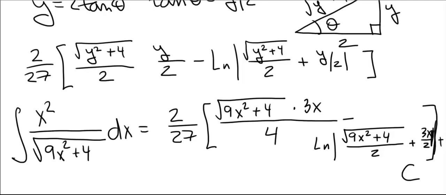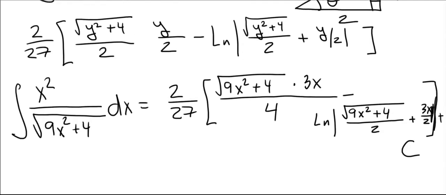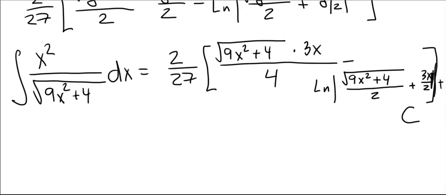So that's the answer. Let me write that down one more time, and maybe we could try to simplify it by sending in 2 over 27.